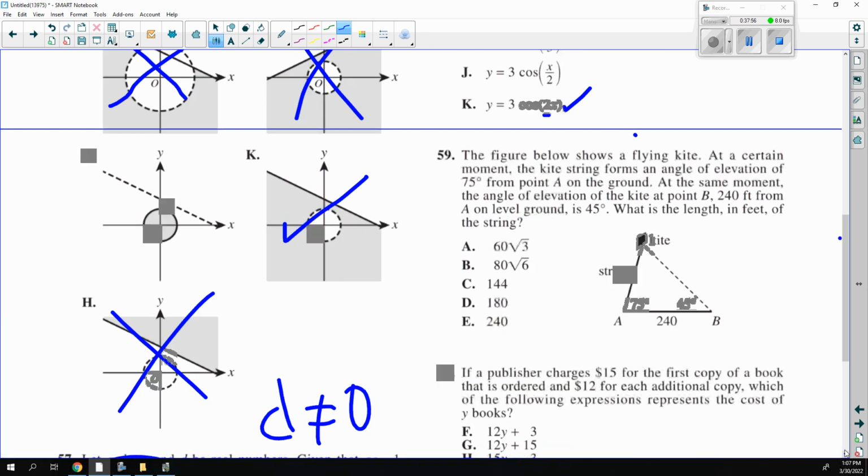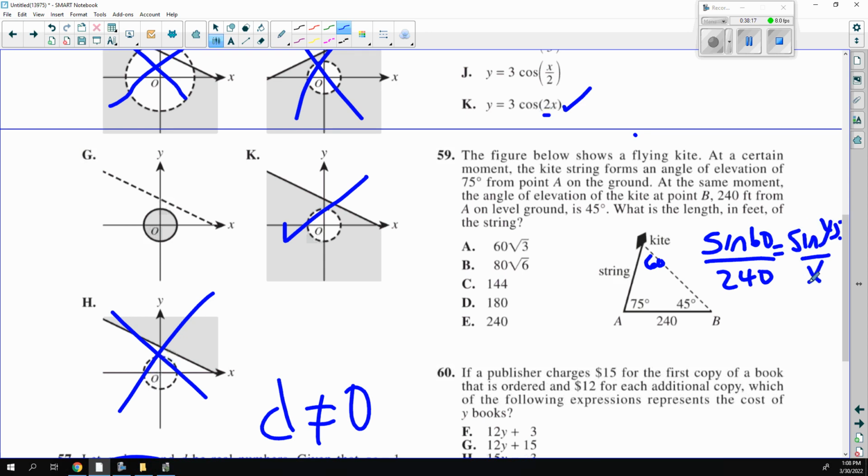This is definitely a law of sines. Now, I actually did it with 120 and 60. The sine of 60 is to 240, as the sine of 45 is to x. I cross multiply, get 240 times the sine of 45.